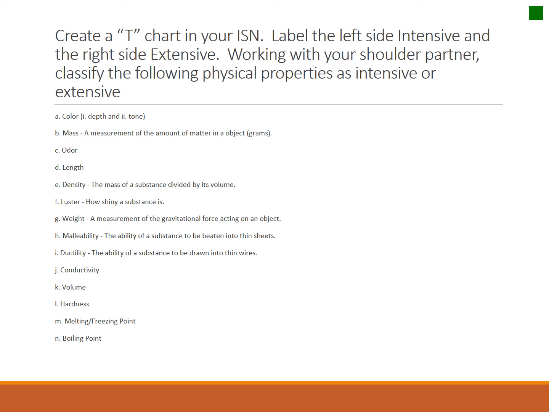Keep in mind that when you're doing this, make sure that you're paying attention to what it's telling you, and ask yourself, is size affecting this? Then you can easily answer that question, and write down if it's intensive or extensive.